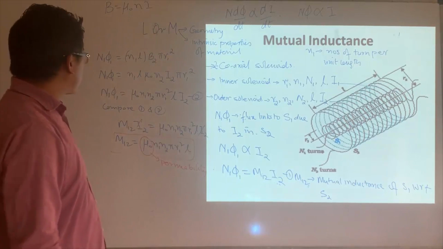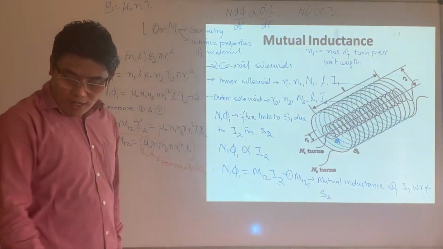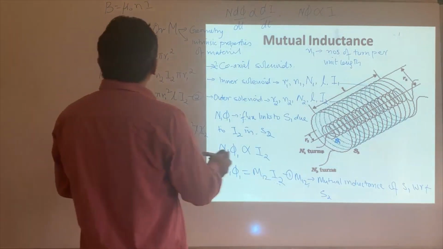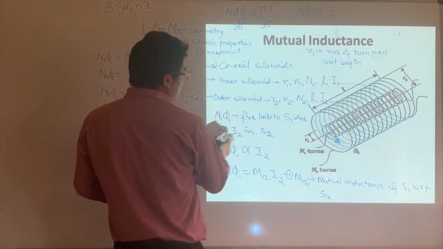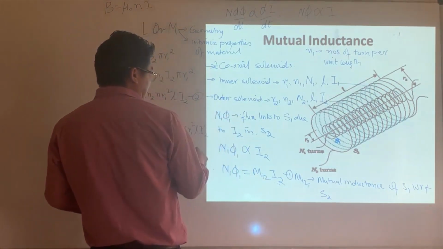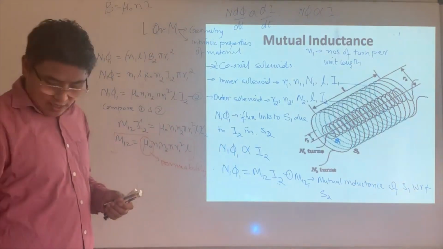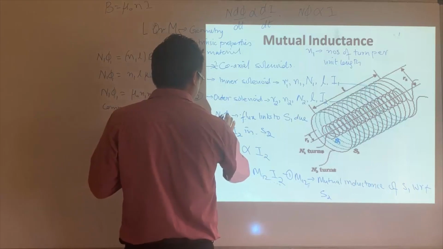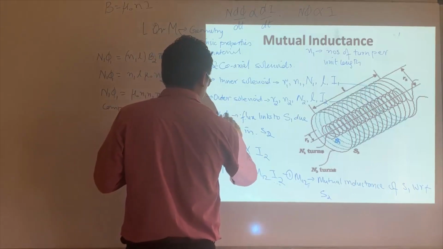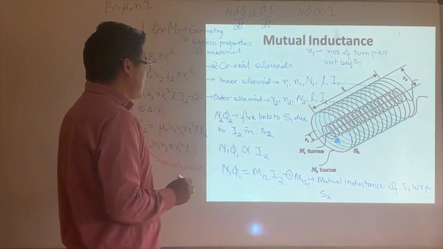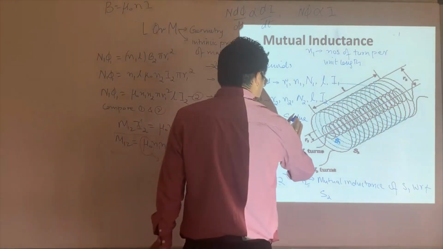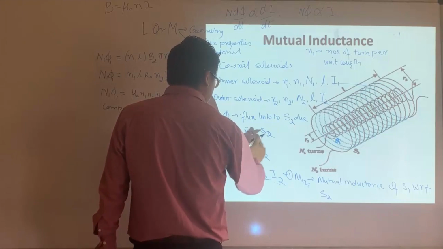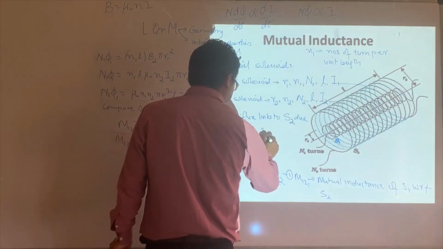Now let's talk about M21. What I'm going to do is write here. This is the flux linked to S2 due to current I1 in solenoid 1.